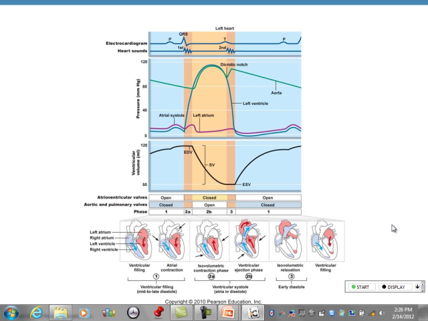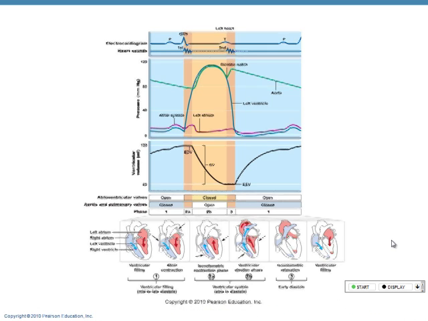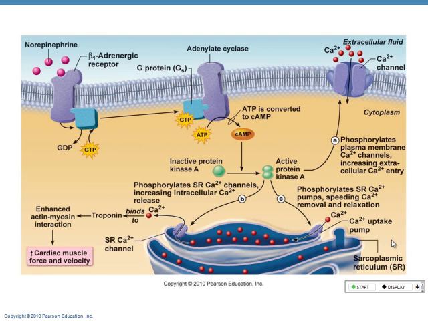So that's the cardiac cycle. What's this? Of course you should know that. You just had a test on that. It's a second messenger system. Very good. In this particular second messenger system, it happens to be a cyclic AMP second messenger system.